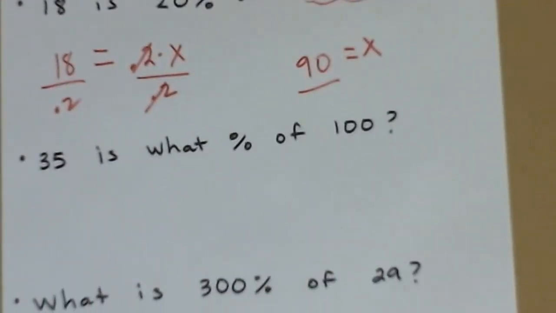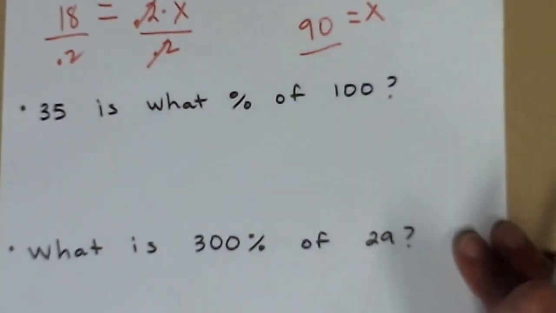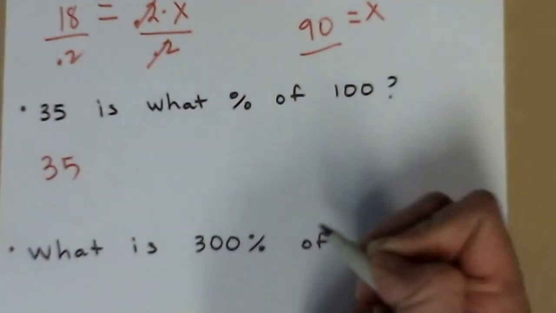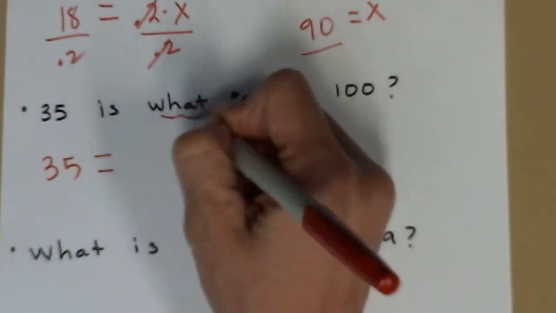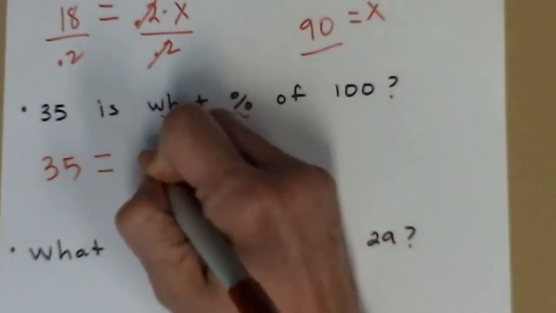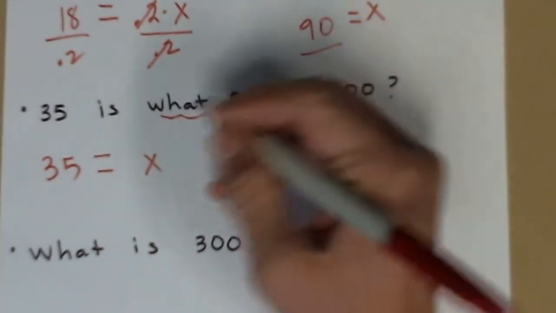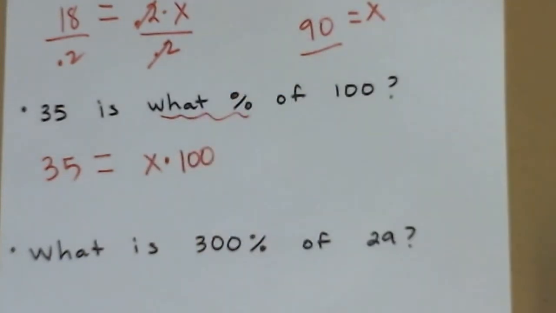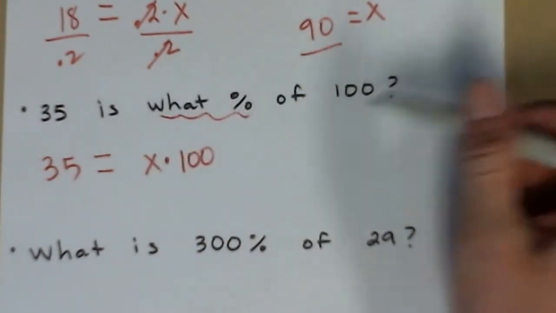Two more. If you want to pause and try them on your own before I get there. Okay, here we go. 35 is what percent? Now the what is a percent. So when I get my answer, I'm finding a percent number, but it's still a what, it's still my variable. Of is still a multiply, 100. 35 is what percent of 100?